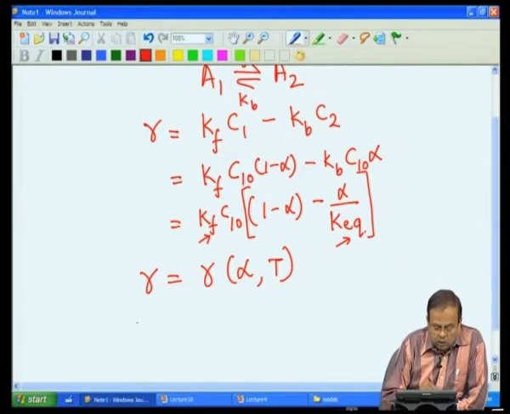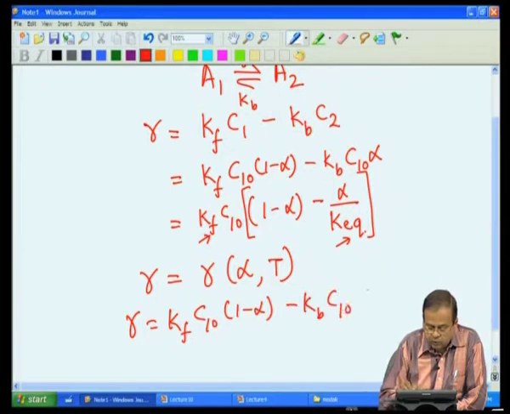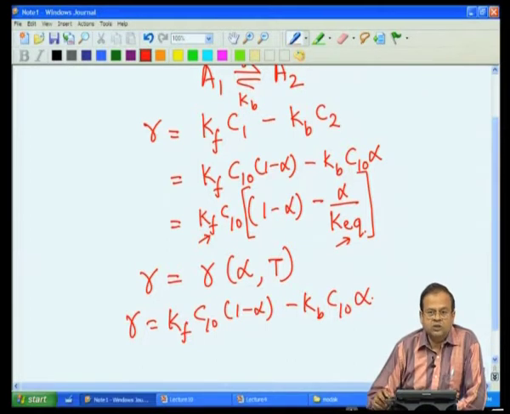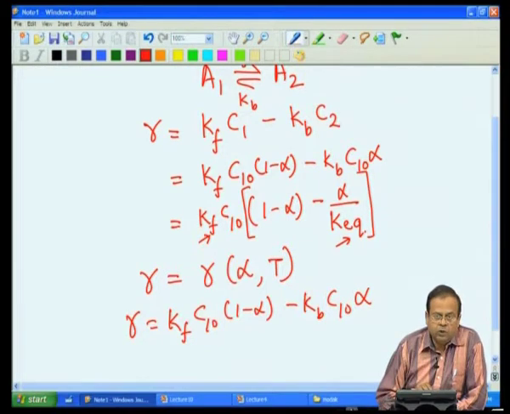Now, let me rewrite this, and we had discussed this earlier, that at the beginning, that is when alpha is 0 and we have certain temperature T, what will happen to the rate of the reaction?